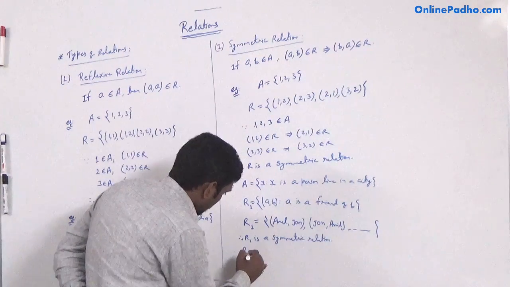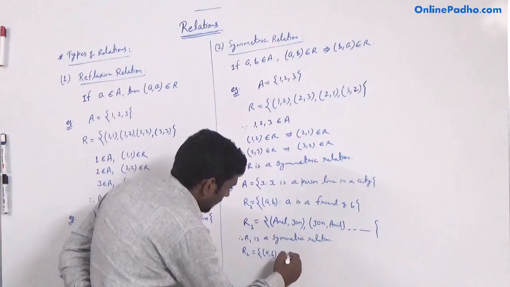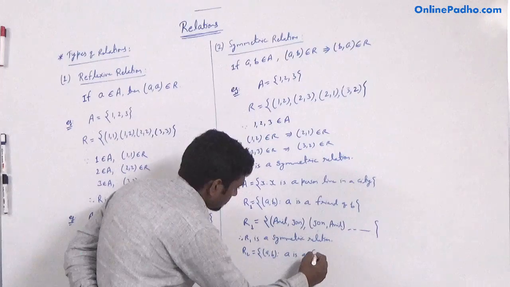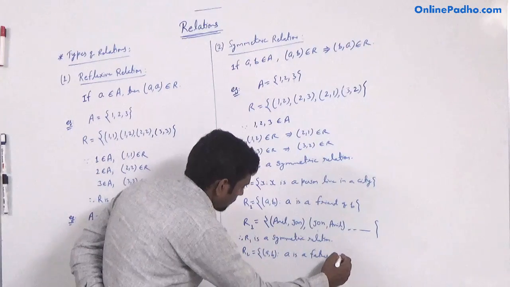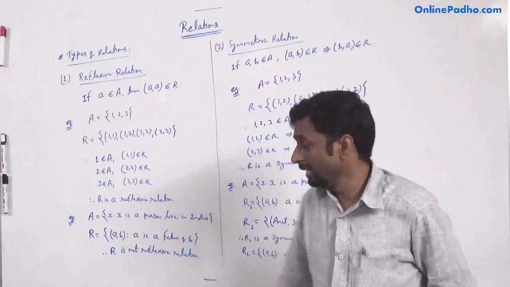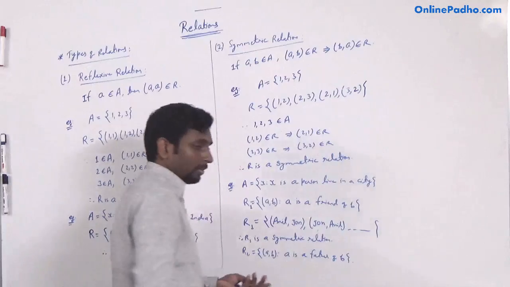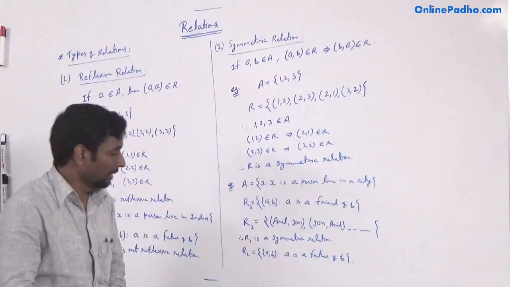But if we consider a relation R2, that is (A, B) such that A is the father of B, is it a symmetric relation? No. This is not a symmetric relation. Why?